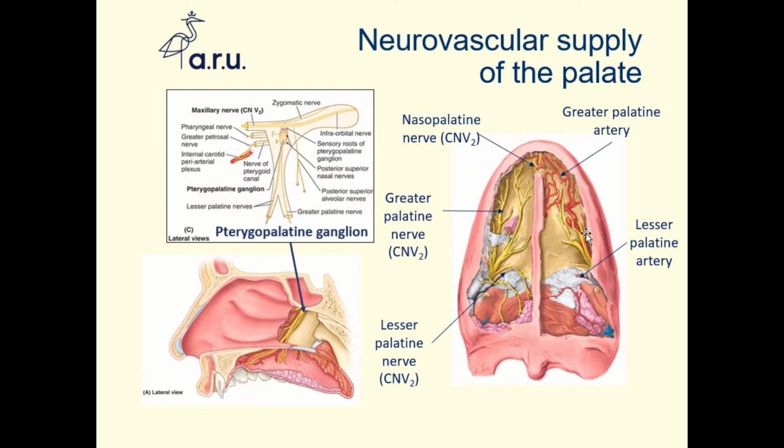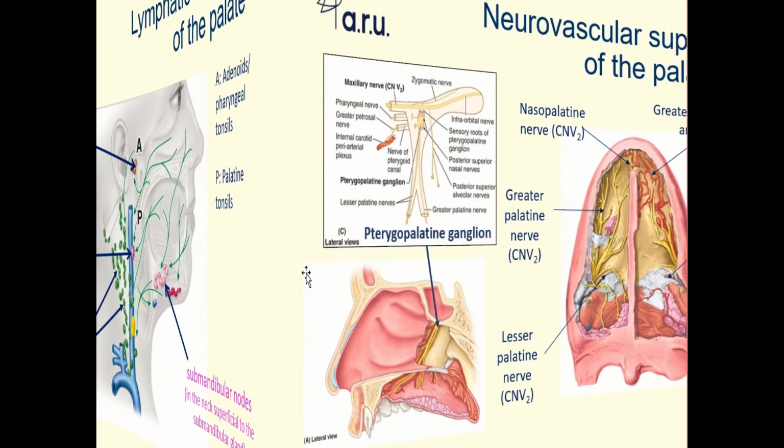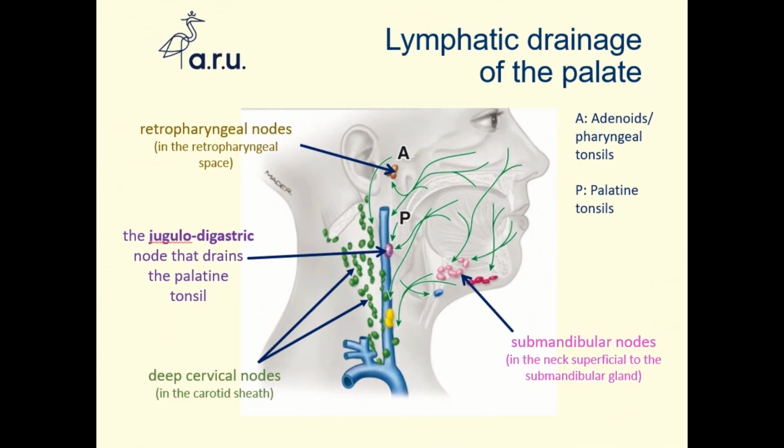The greater palatine arteries run along with the greater palatine nerve, and the lesser palatine arteries run along with the lesser palatine nerves, providing blood supply to the soft palate tissue. The venous drainage of the palate is via the veins which run along with the arteries, and these eventually drain into the pterygoid plexus of veins.